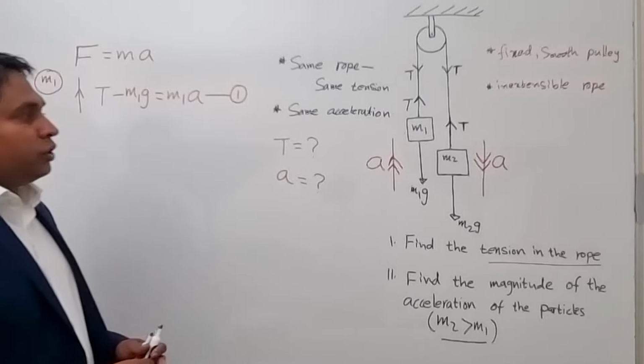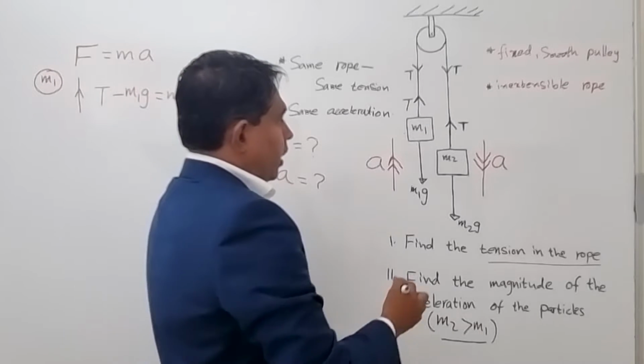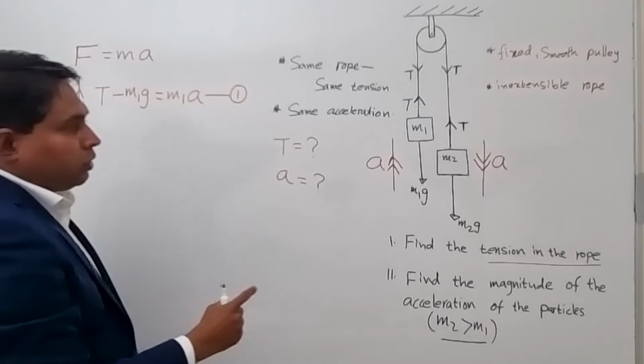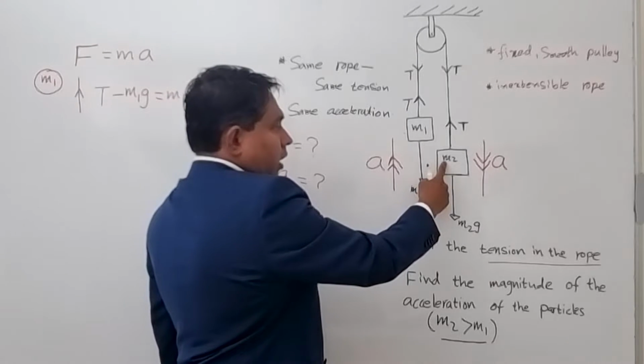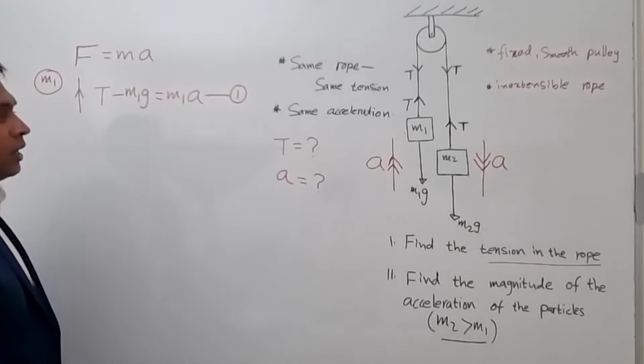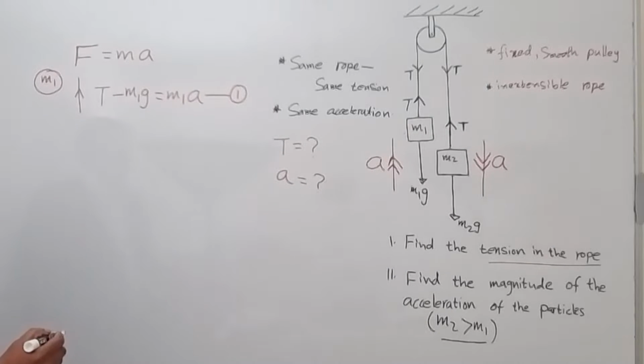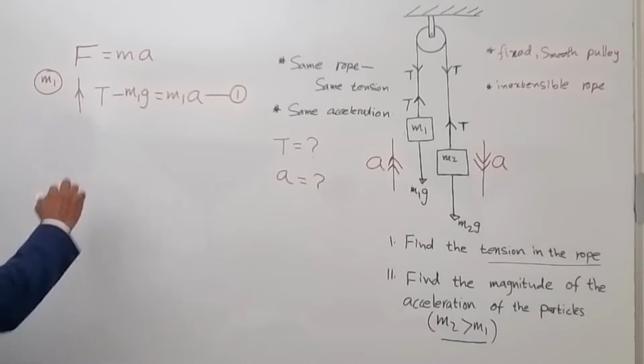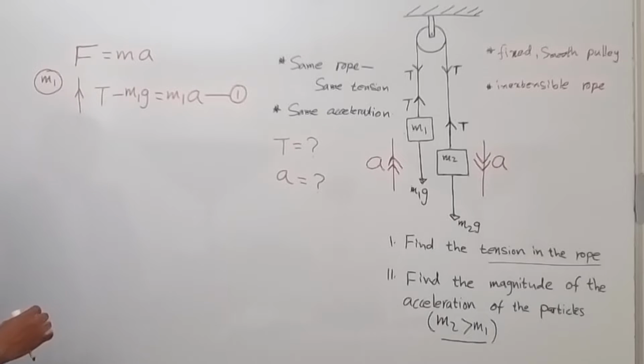Now I'm going to write F equals ma again for particle m2. Now m2 is moving down, therefore I'm going to write F equals ma for particle m2 taking the downward direction as positive.